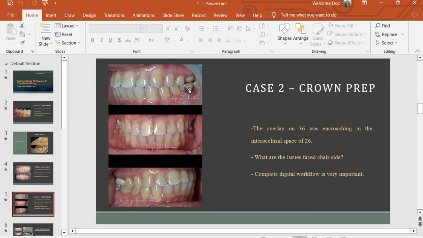So when 3.6 was cemented with the overlay, he basically had acute pulpitis. He underwent endodontic treatment at port, and he was there at port for only 2 days. So the clinic and the lab were very stressed to not only finish the endodontic treatment for the patient, but to also give him some indirect, which was the overlay in this case.